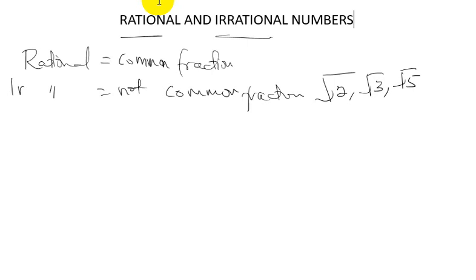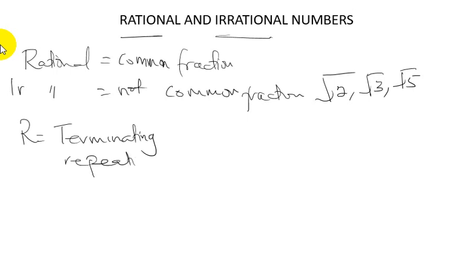When we are using decimal numbers to differentiate rational and irrational numbers, and that is the most accurate way to know, we say that rational numbers are terminating, and rational numbers are repeating. What do I mean by that? If I say they are terminating, they are decimal numbers that are short, like 0.42, 0.423.